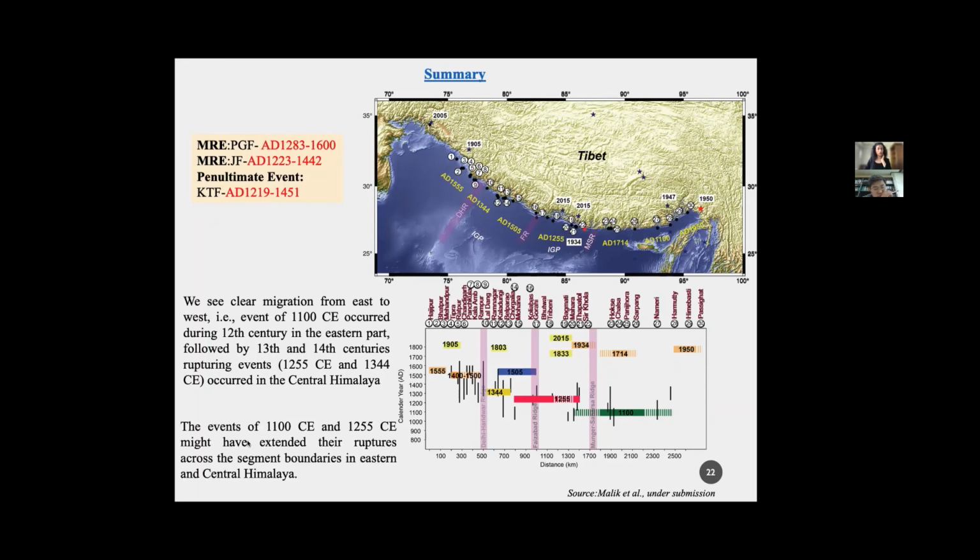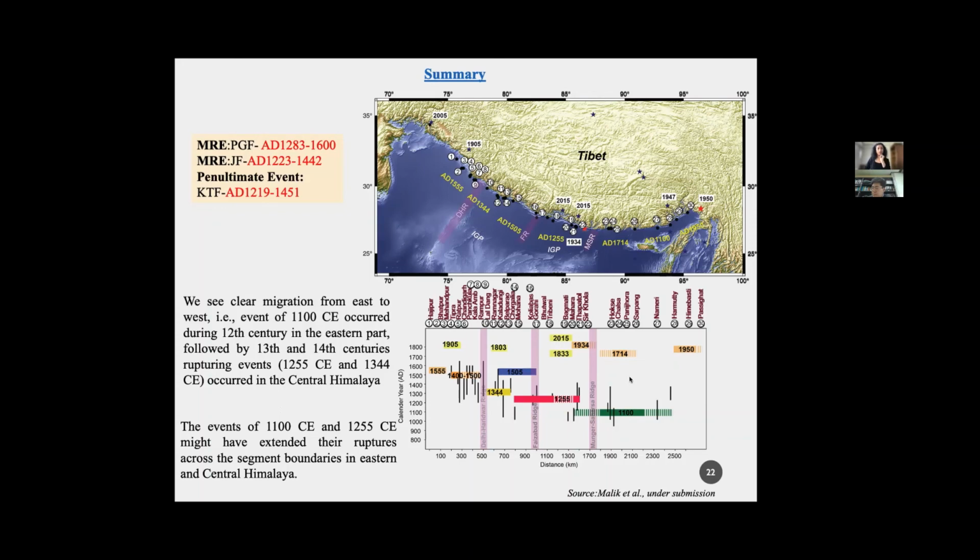And we can also see that the 1100 and 1200 AD earthquakes have extended along these identified segment boundaries, while others were well constrained within these segment boundaries. So there is a possibility that these two earthquakes were mega subduction earthquakes, but still, I think more trenches are required to say that.